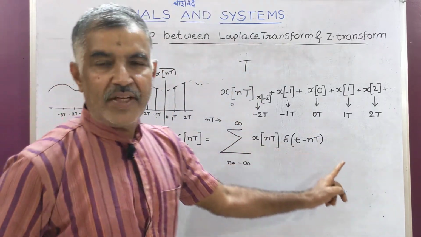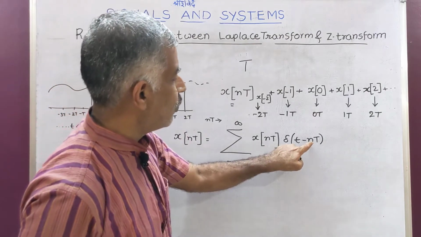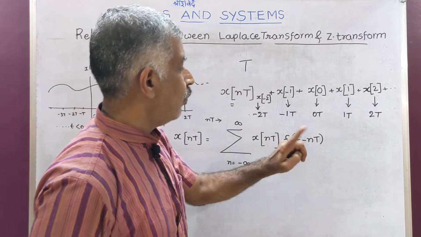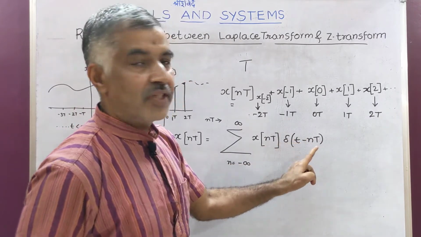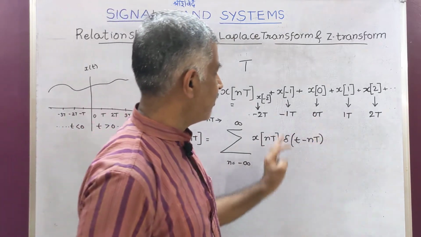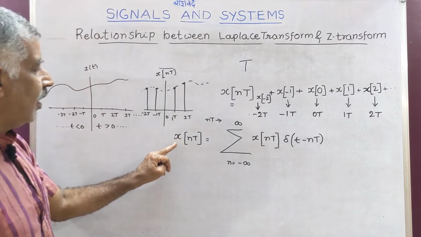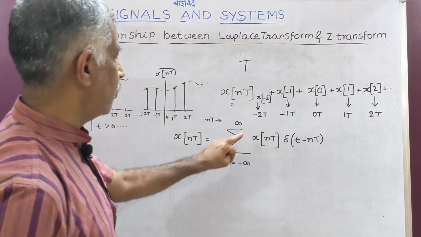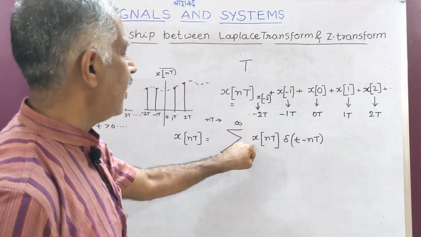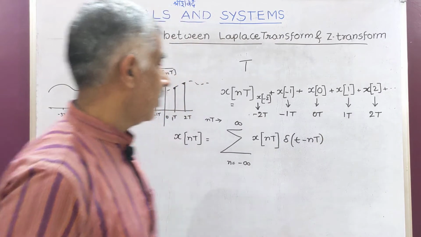Delta of t minus nT is what is called shifted. For example, n equal to 0 means unshifted. Next, n equal to 1, delta of t minus T, is shifted to the right by 1 unit. So these are shifted impulses. One can write the discrete signal as x of nT equal to summation n equal to minus infinity to plus infinity x of nT delta of t minus nT.